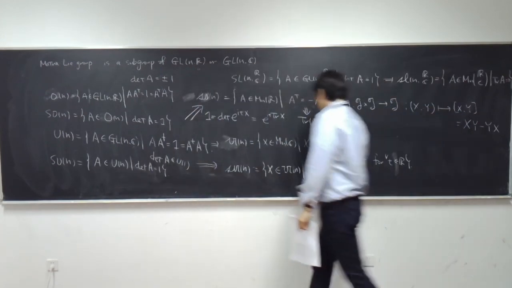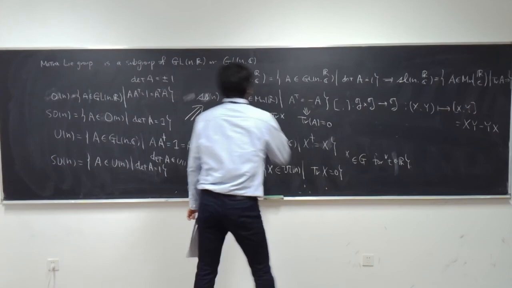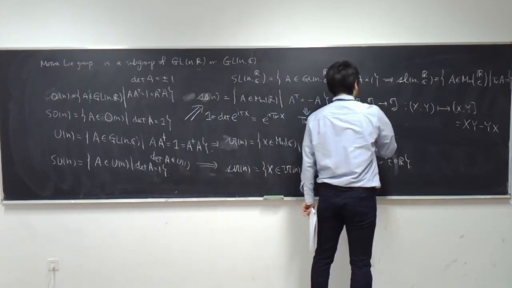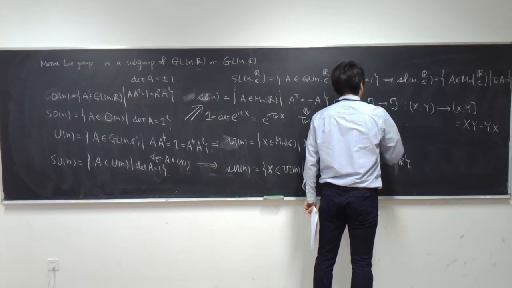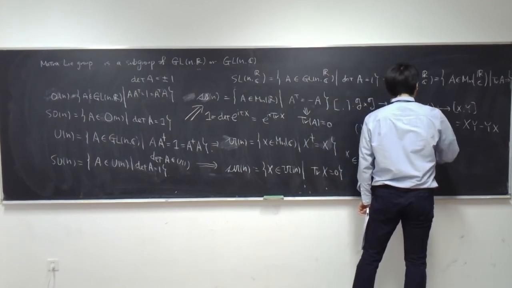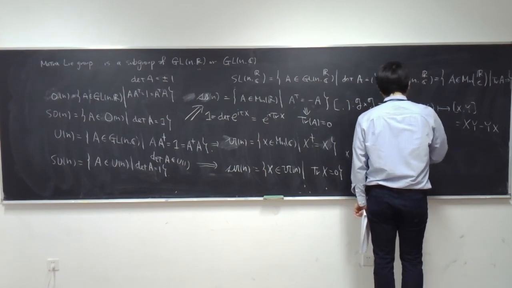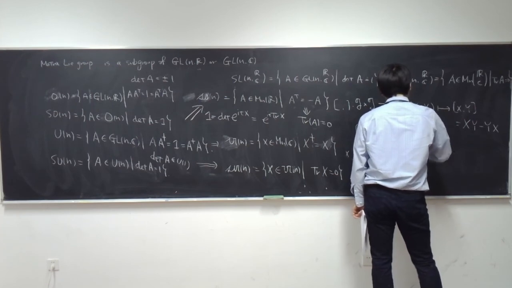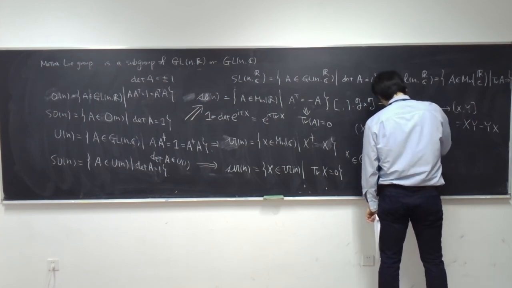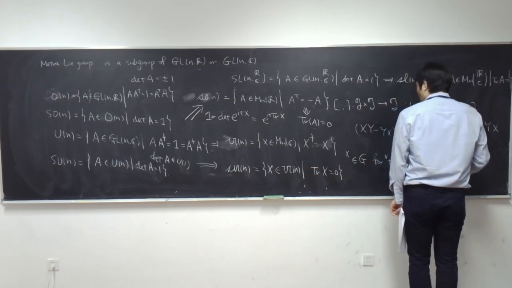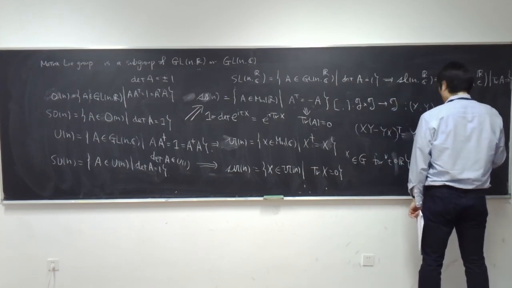If X and Y satisfy the so condition, and you take the trace of XY minus YX, you get trace X trace Y minus trace of Y transpose, X transpose minus X transpose, Y transpose.